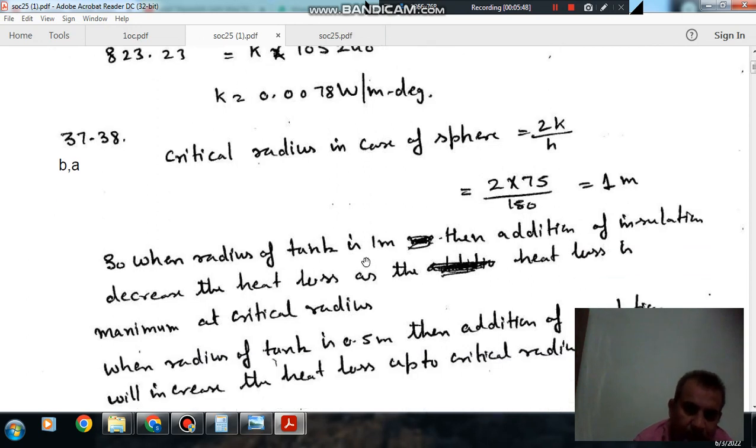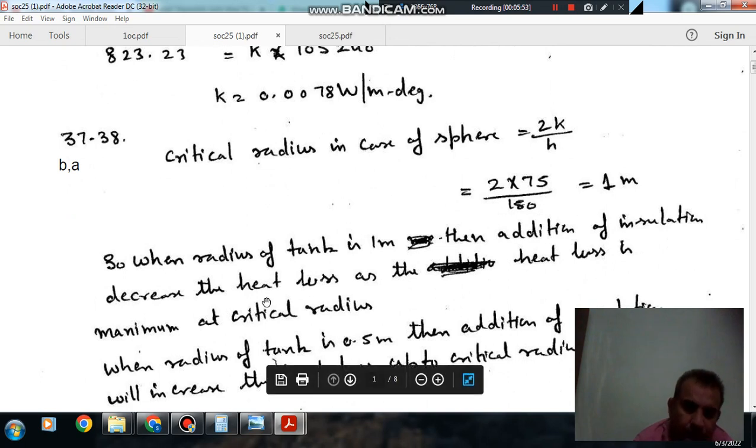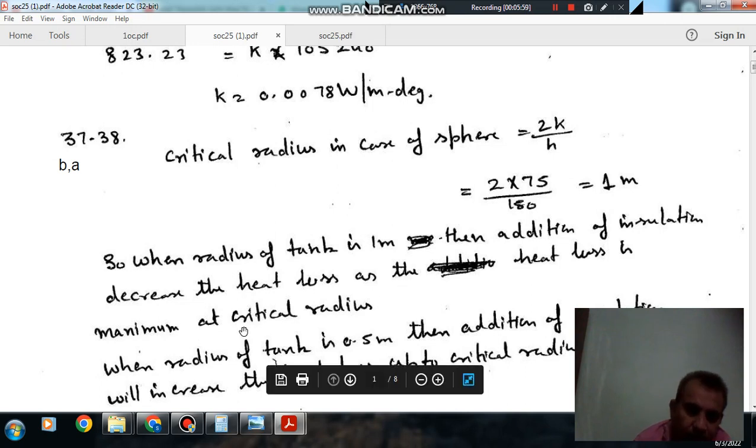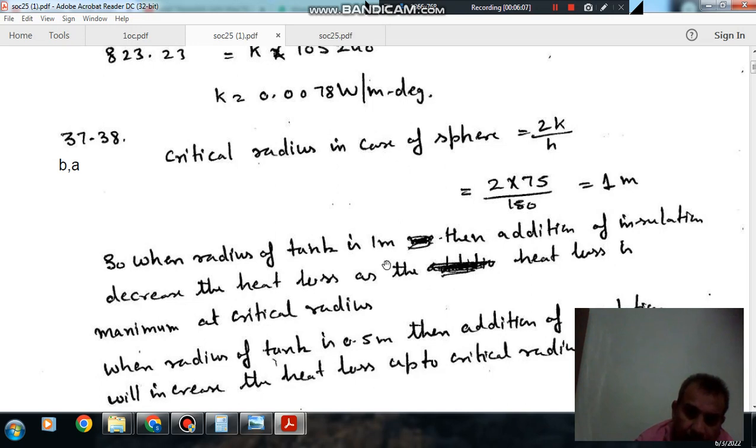So when the radius of the tank is 1 meter, the addition of insulation will decrease the heat loss, as the heat loss is maximum at the critical radius. Because the critical radius has come out as 1 meter, and at 1 meter the heat loss is maximum, after that if we add insulation, it will decrease it.